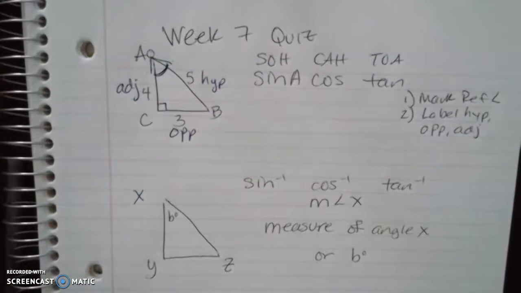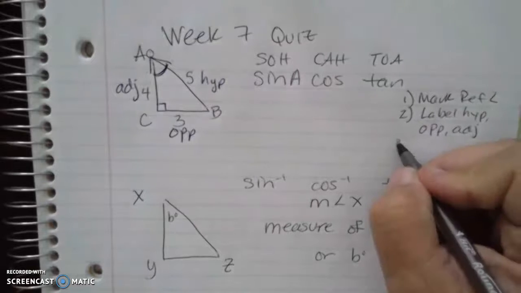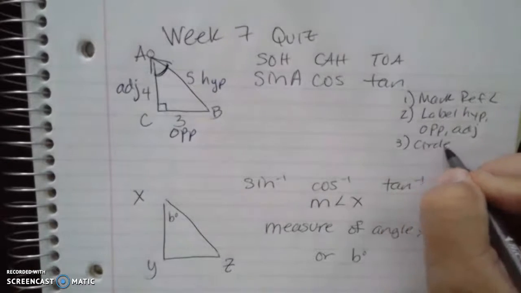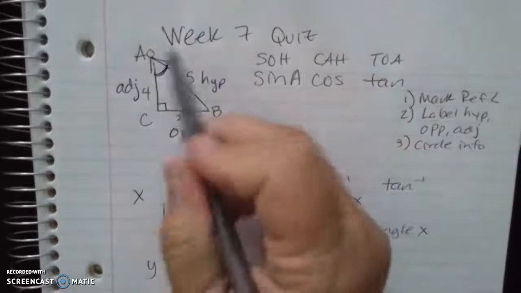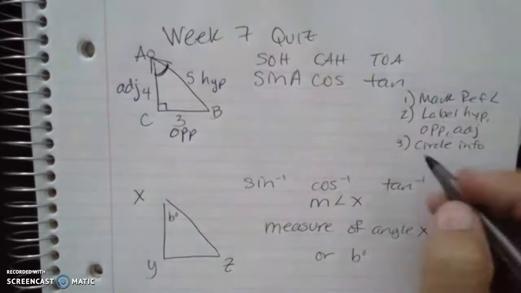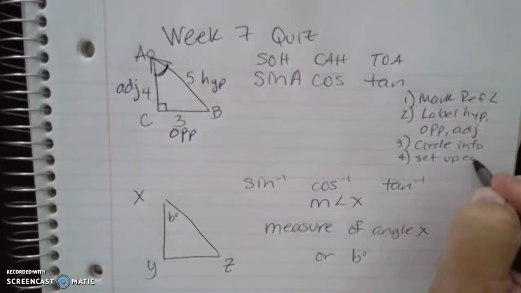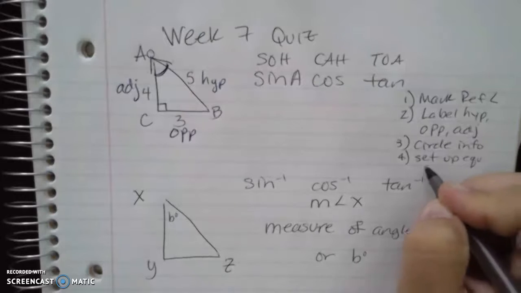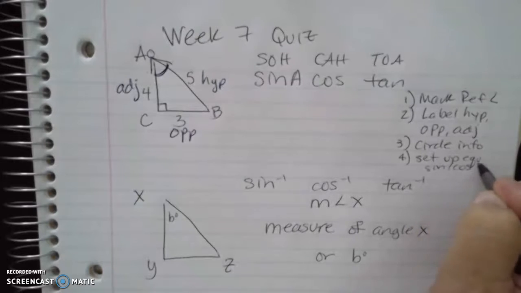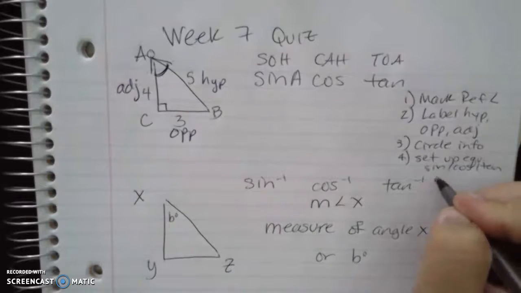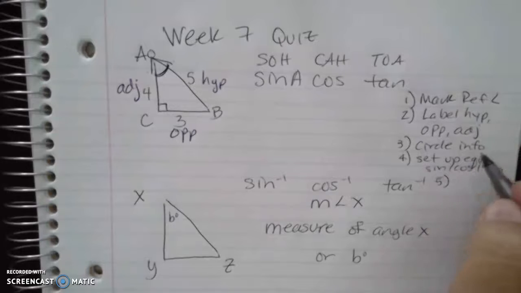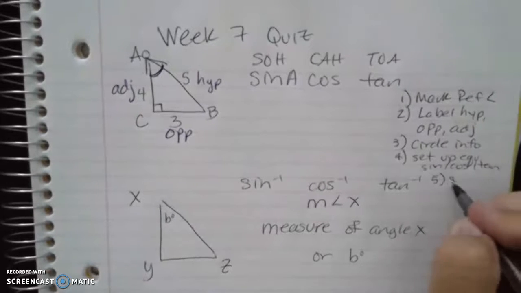Okay, then usually I say, if I go through my steps, circle the information you have. Well, in my little example here, I have everything, but you're going to set up the equation. That's going to be choose, is it going to be sine, cosine, or tangent? Or this could also be inverse, and then step 5 is to solve.